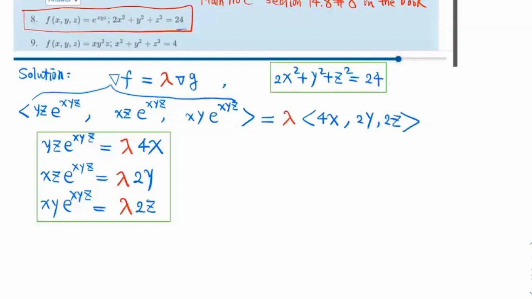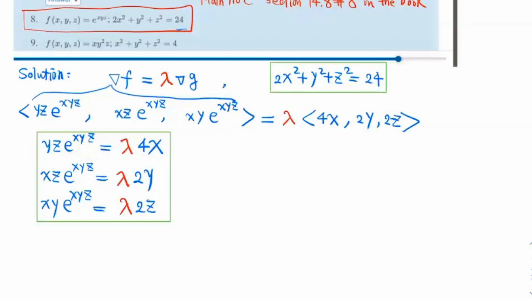One of the simple things to think about is what happens if either x, y, z, or lambda is equal to 0. Suppose this side of the equation is equal to 0, then we have a much simpler equation to solve. If one of these is equal to 0, then it's easy to solve.